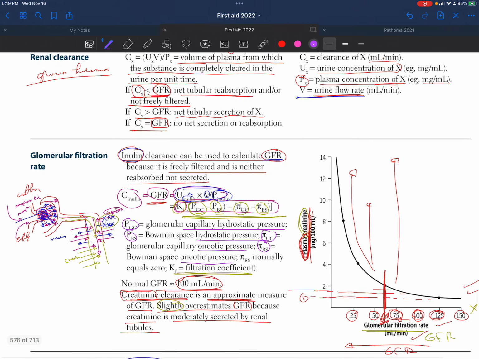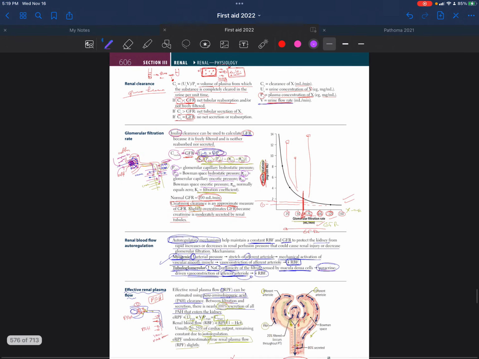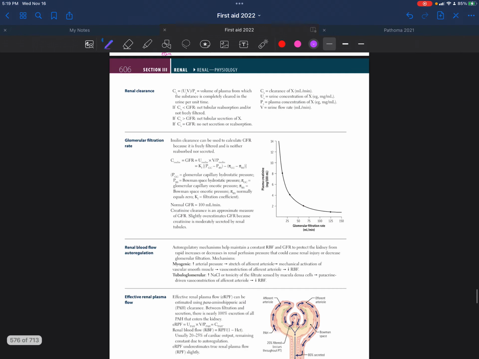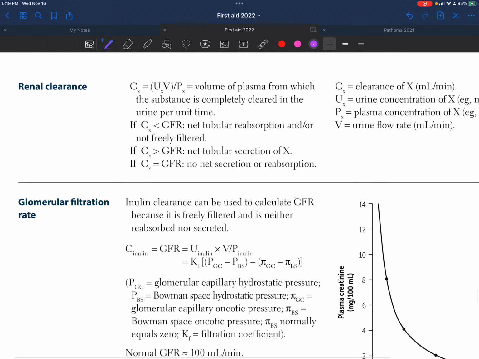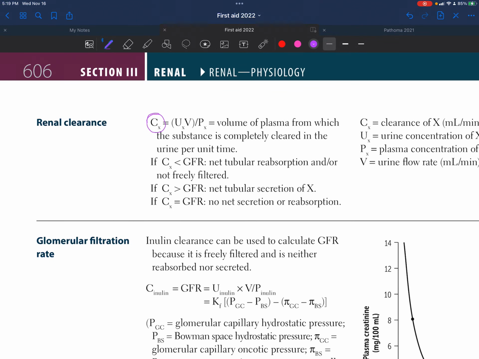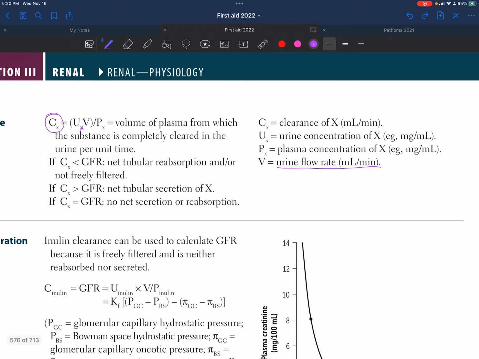For the renal clearance, let's clear up all of this mess first. Okay, clear page. Great. So for the equation that we have here, the clearance of a substance, let's say this substance is called X, equals the urine concentration, how much of that X is found in the urine, multiplied by the urine flow rate, and then all of that is divided by how much of X is within the plasma.